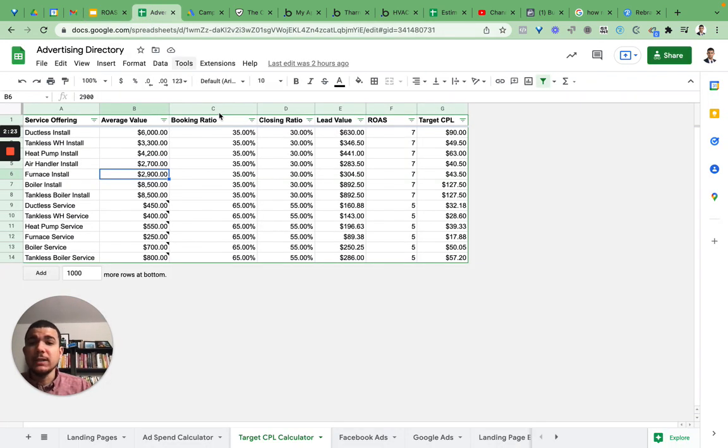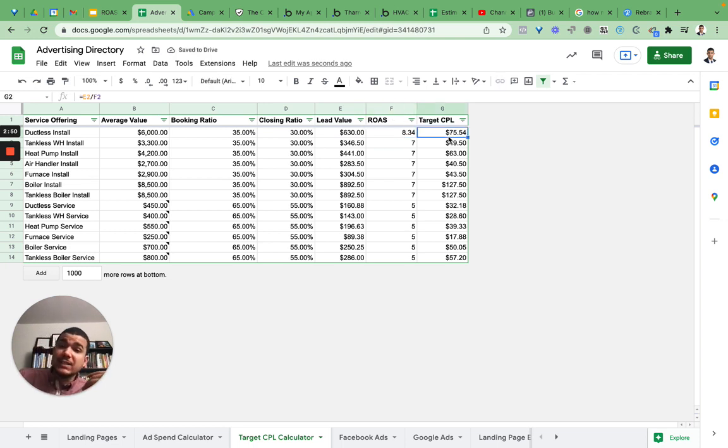Same thing with your cost per lead. It's pretty simple. Booking ratio, closing ratio, you need to know those. Then you can figure out your cost per lead: take the average value of your job times your booking ratio times your closing ratio, and you'll get your lead value. Then you divide that by your target ROI, 8.34, and you get your target cost per lead.